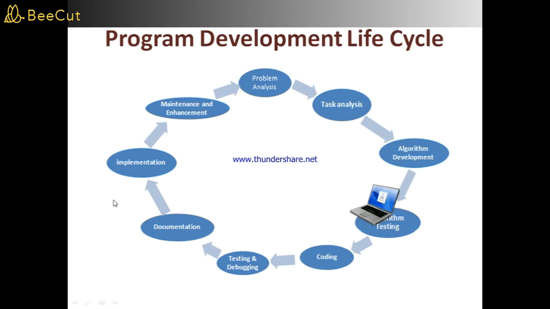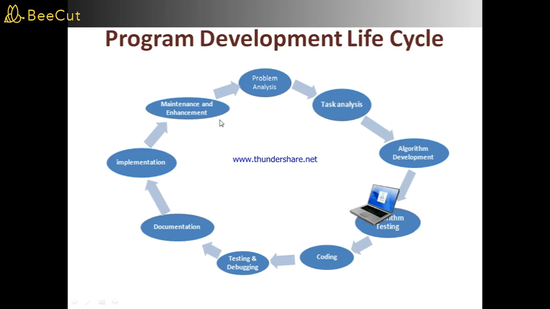Then implementation, so making it available to the end users, so that the end user can use this application or the software. Then followed by maintenance and enhancement, so we have to maintain it in order to enhance any kind of changes that are required in the future.